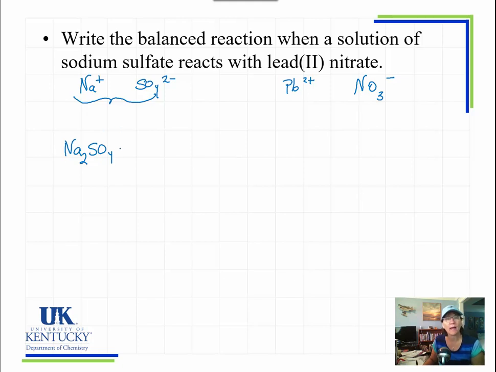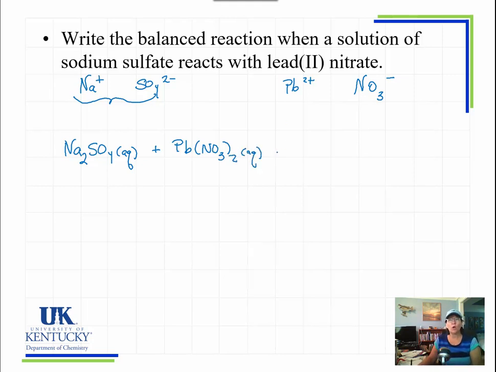It's a neutral compound, and that is soluble. Now we go to the lead nitrate. The lead has a 2+ charge and the nitrate a -1 charge, so I'm going to have 2 of the nitrates for every 1 of the leads. So I do Pb, and then I give myself 2 of the nitrates, and that's aqueous.